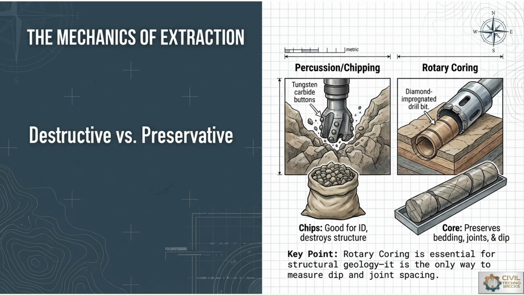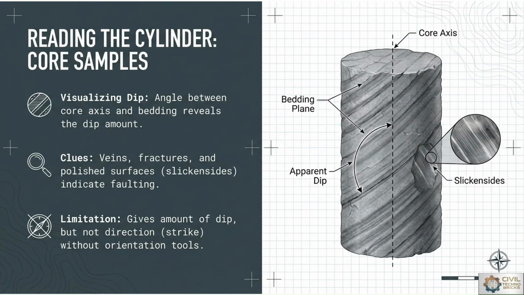Core analysis plays an important role in tunnel design, dam foundations, and underground excavation projects. So rotary coring is essential for structural geology. It is the only way to map or measure depth and joint spacing with reference to the soil layers or rock layers.